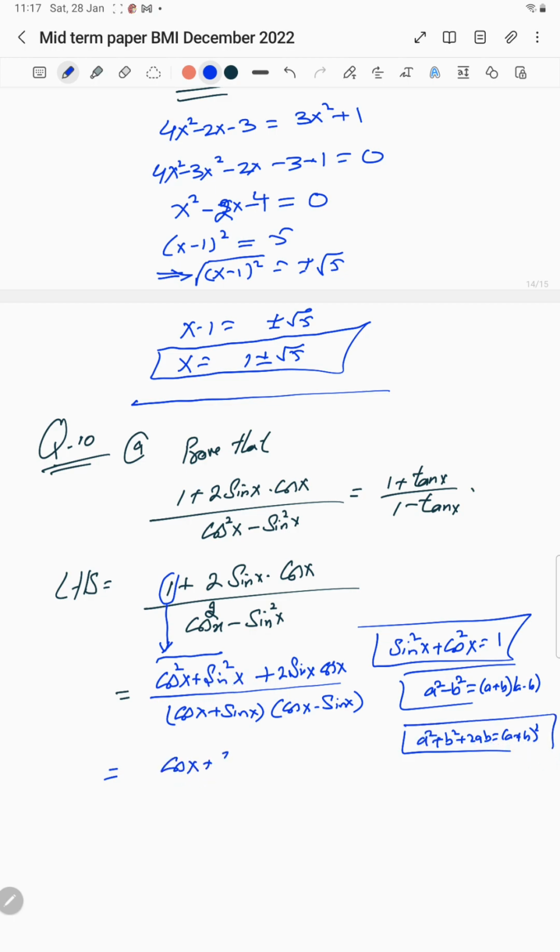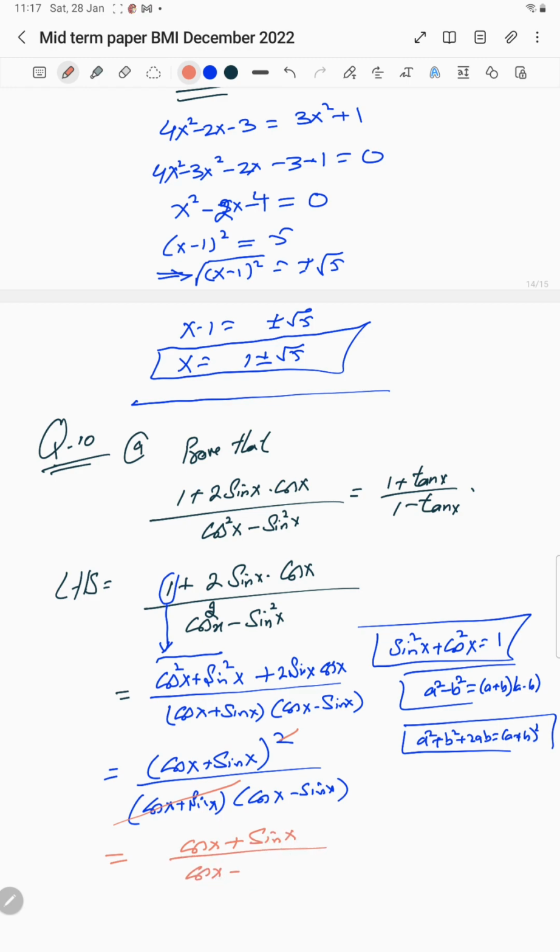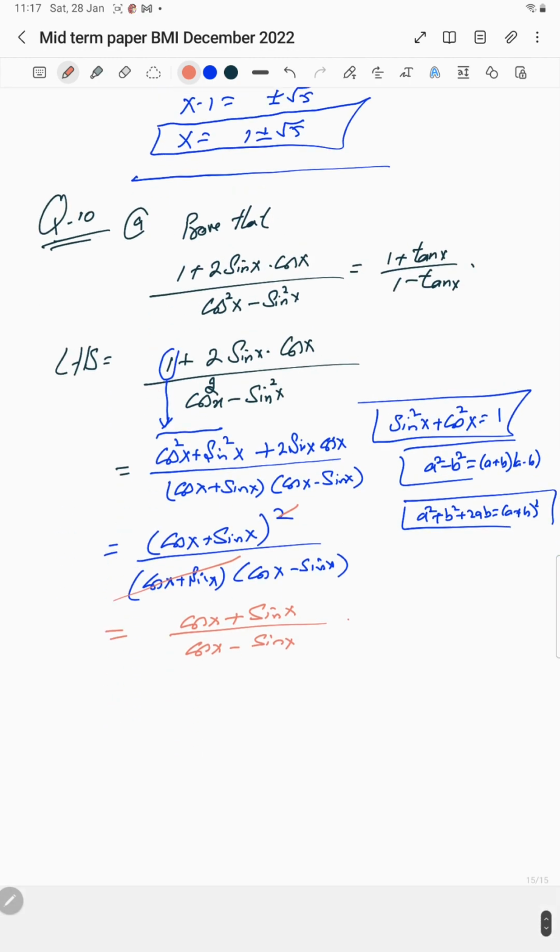It can be cos x plus sine x whole square, and divisor, let it be in this form. Here you can see the one factor will be cancelled. We get cos x plus sine of x over cos x minus sine of x.